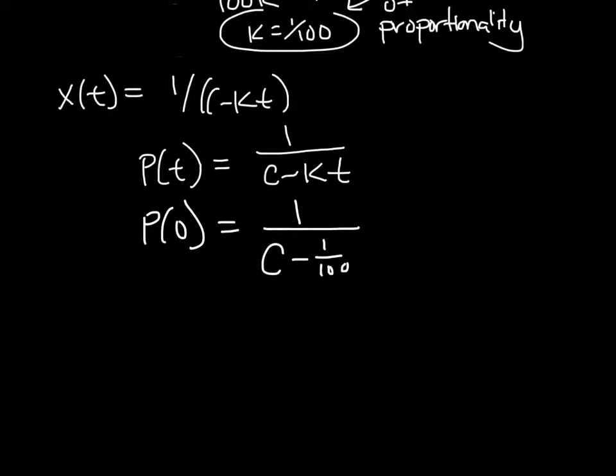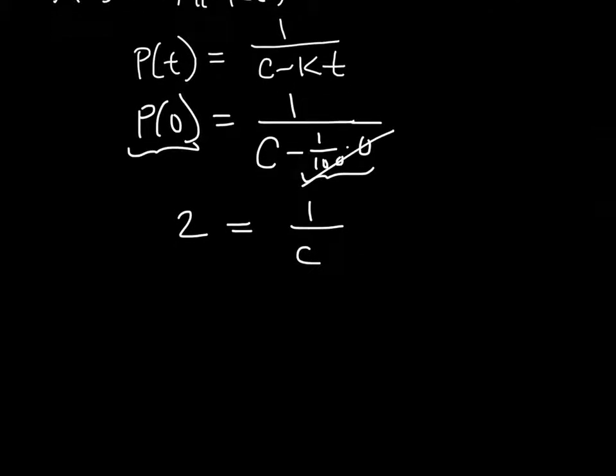What's our t? Well, our t in this case is 0, so this is all 0, which is very nice, because we just get 1 over c. And P of 0, we start with 2 from our initial condition, and if we solve for c, c must be a half.